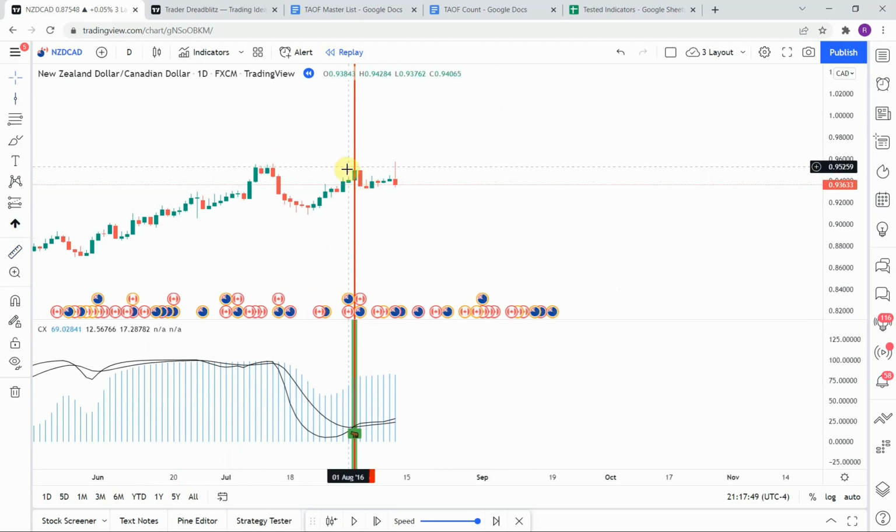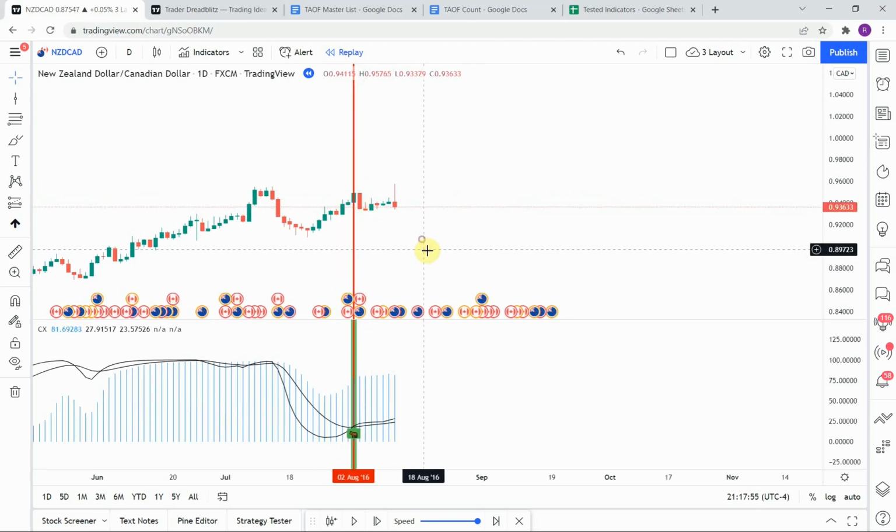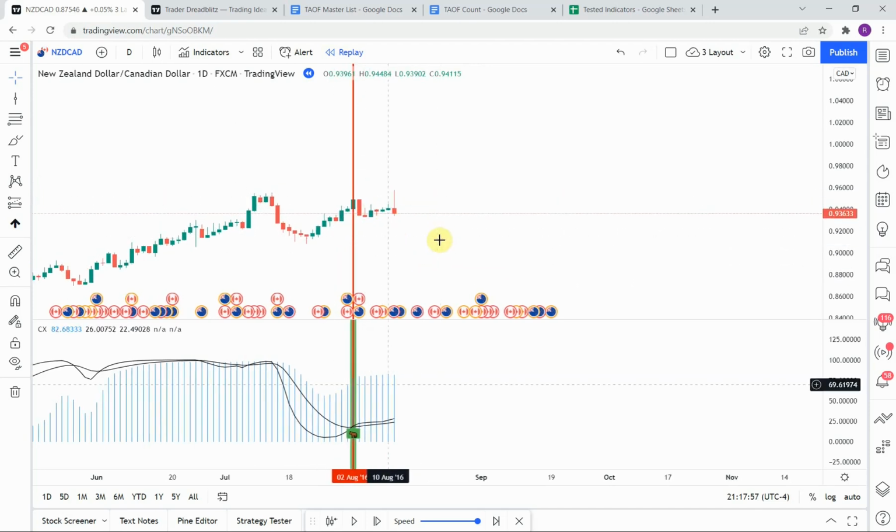All right, so we pick up a long right here, and we get a push almost immediately to the downside, which does come down and stop us out on that one.